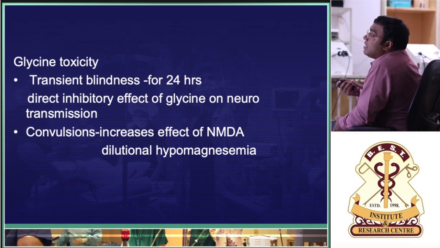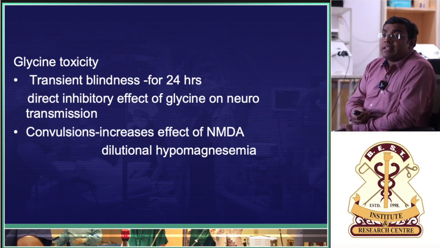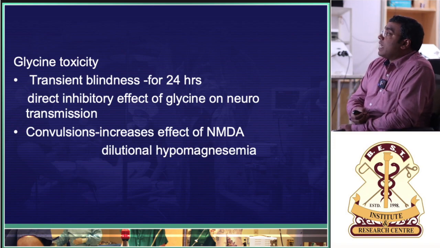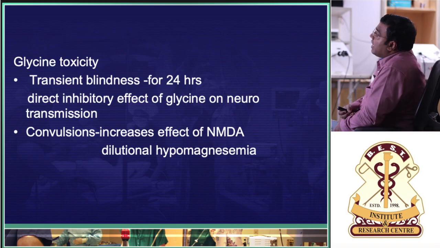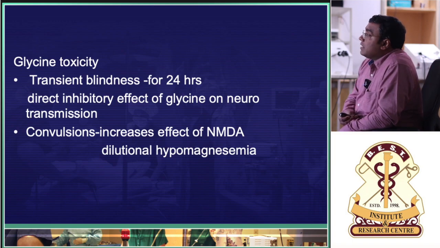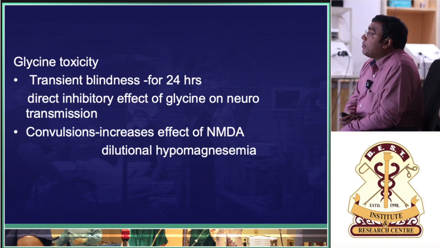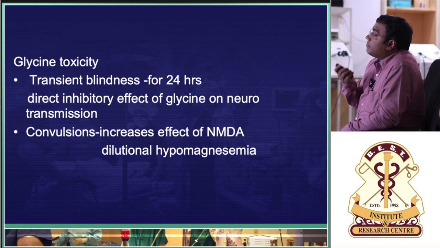When it comes to glycine toxicity, there can be transient blindness which can persist for 24 hours due to the inhibitory effects of glycine on neurotransmission. There can be convulsions because of increased effect on NMDA receptors and dilutional hypomagnesemia.